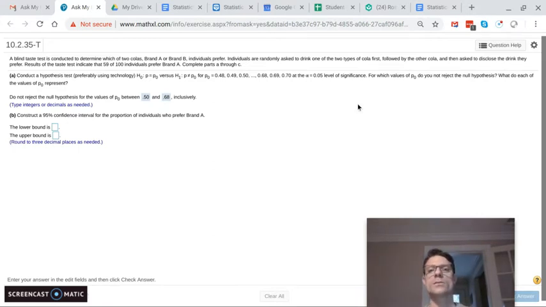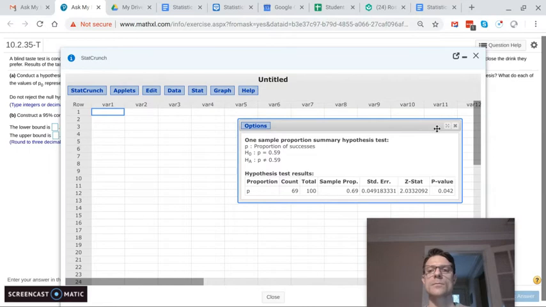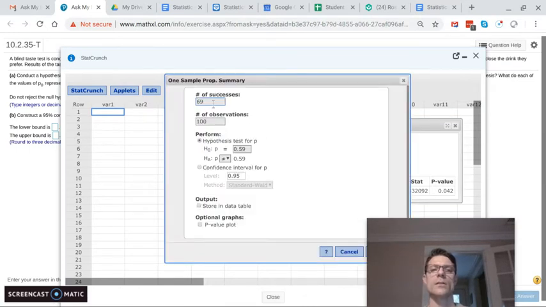And then it asks us to construct a confidence interval at 95%. Notice that this is 95%, and before our significance was at 5%. Those are complements of each other. So I can actually just do this, hit edit. A confidence interval for 59 successes, 95%.